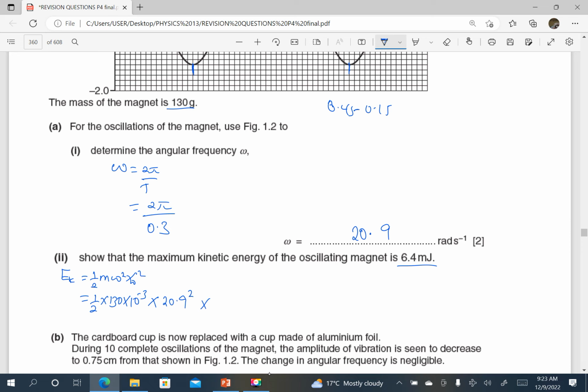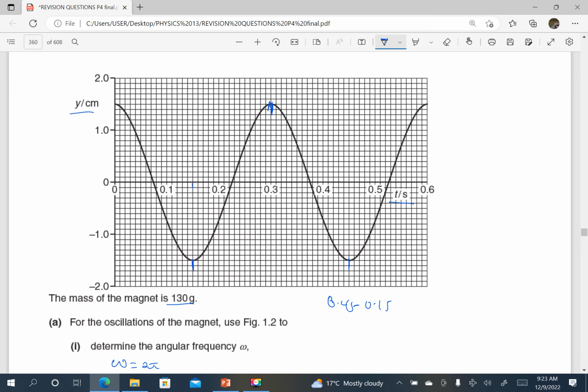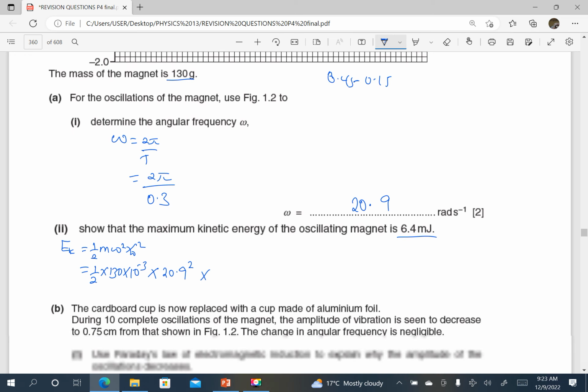Then the maximum displacement or amplitude from the graph, I think this is 1.5. So times 1.5 times 10 to the power negative 2, because it's in centimeters. And this should also be squared. So I press my calculator to verify.